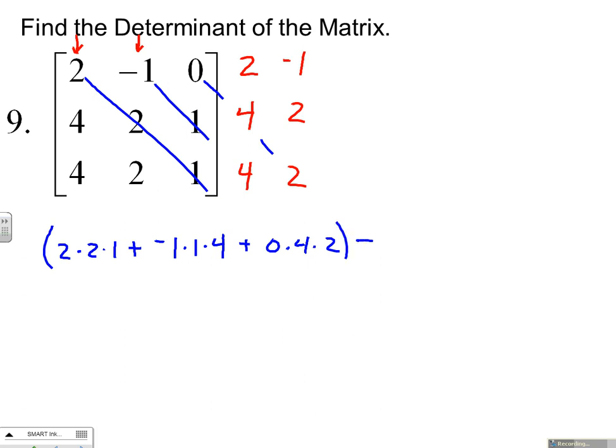And I subtract from those my upward diagonals. 4 times 2 times 0 plus my next upward diagonal, 2 times 1 times 2 plus my final upward diagonal, 1 times 4 times -1.